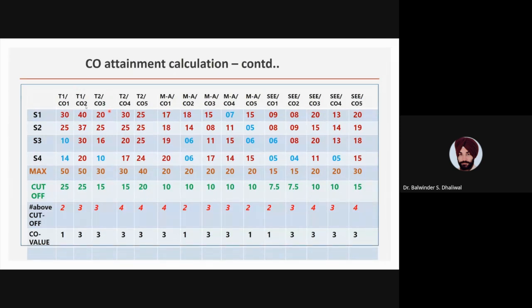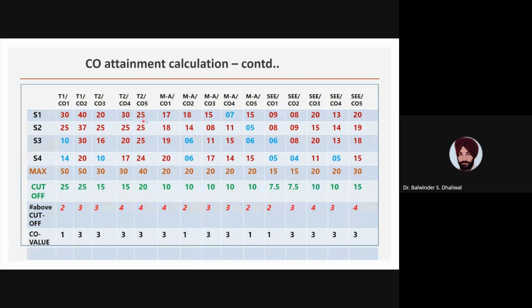In this table, T1 stands for test 1, T2 stands for test 2, MA stands for model assignment or any other activity which we are considering for assessment, and SEE is semester end examination. S1, S2, S3, S4 are 4 students, and these entries show the marks obtained by a particular student in that particular assessment tool.